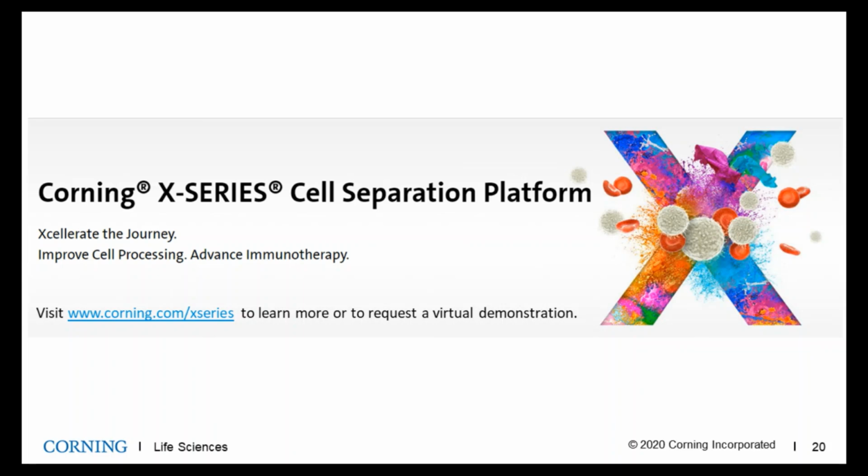Then you also have a depletion chamber, which will contain primarily your red blood cells and your granulocytes. And then you will also have your harvest chamber, which will contain your mononuclear cells. So yes, it's definitely flexible.